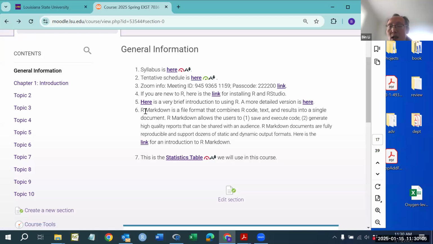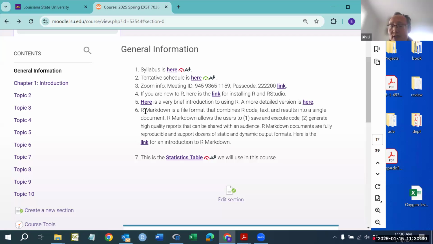And R Markdown is very useful. So what is R Markdown? R Markdown is a file format that combines R code, text, and results in one document. So you can run R, do the analysis, and write the report simultaneously.